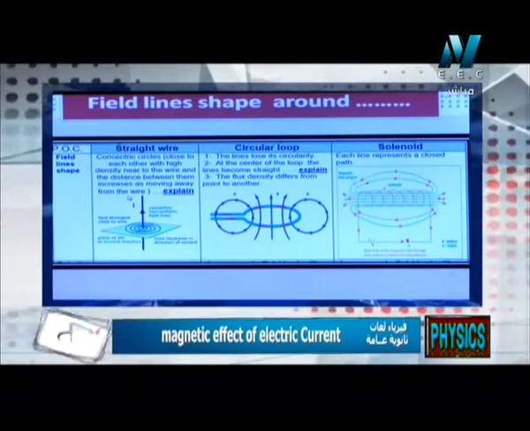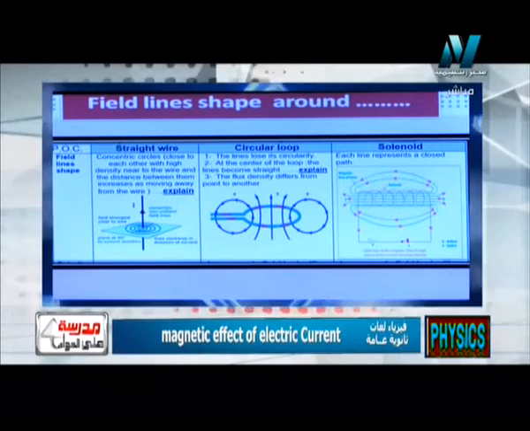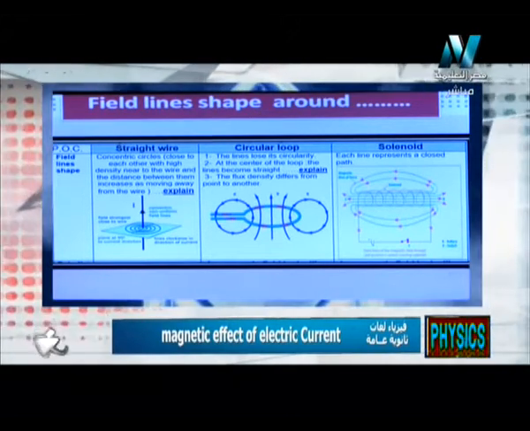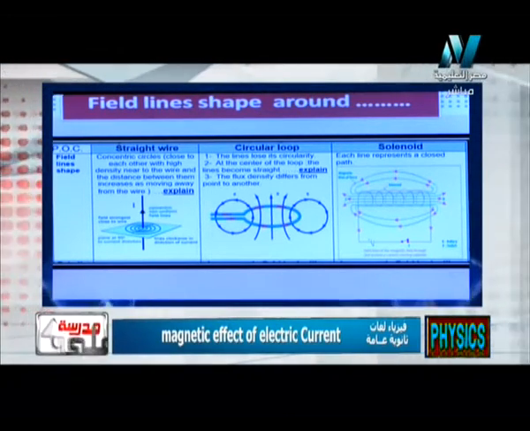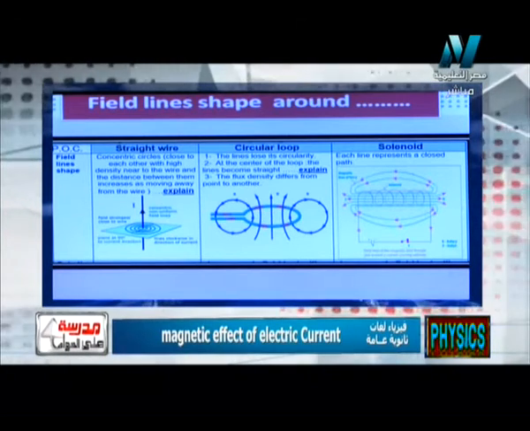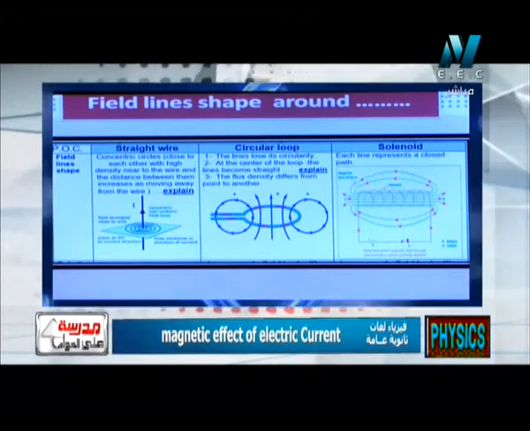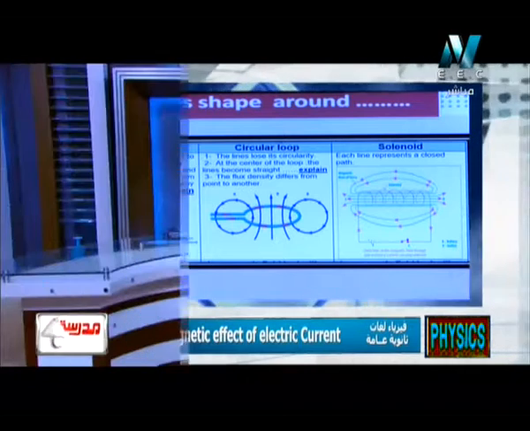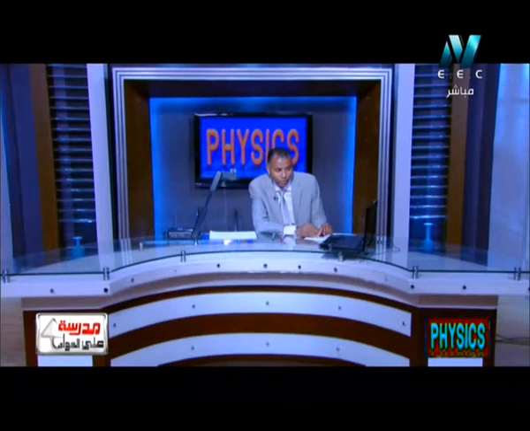When we make an experiment to recognize what are the shapes of magnetic field lines around a straight wire carrying a current, we will get this shape in the first column.